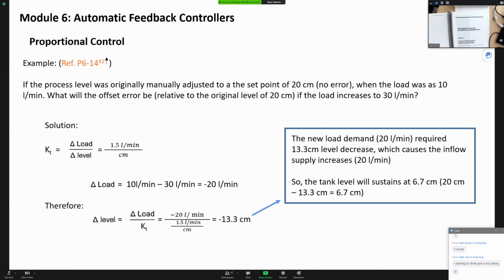We have one top tank, one bottom tank, and the pump pumps the water from the bottom tank to the top. If you only use a proportional control to control the water in the top tank through the VFD, the VFD will increase or decrease the speed of the motor driving the pump to pump the water from the bottom tank to the top.